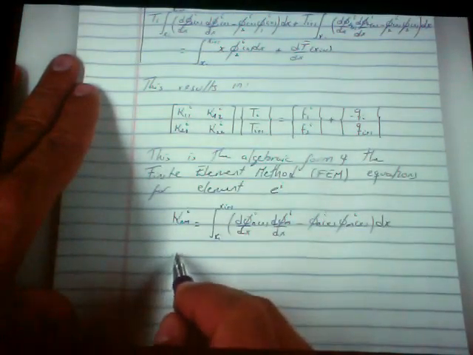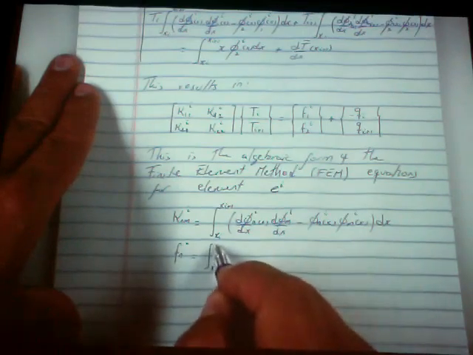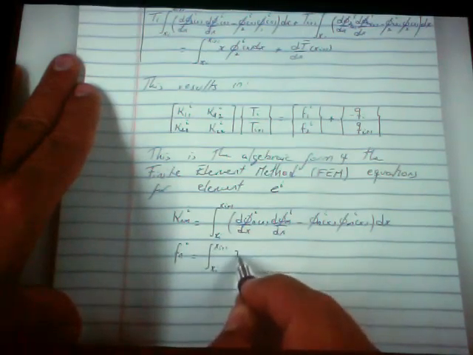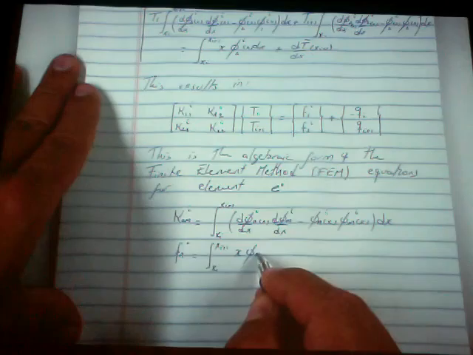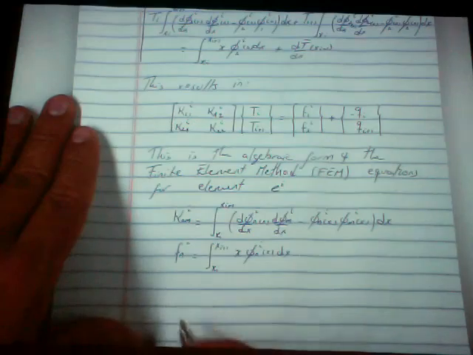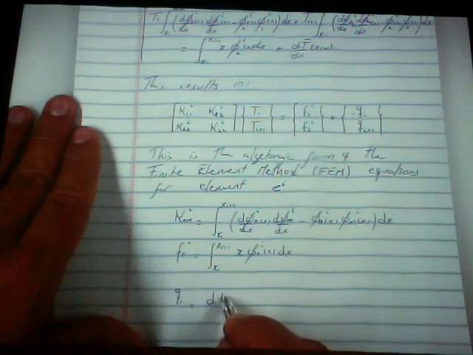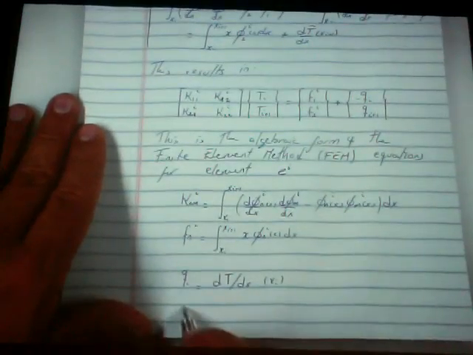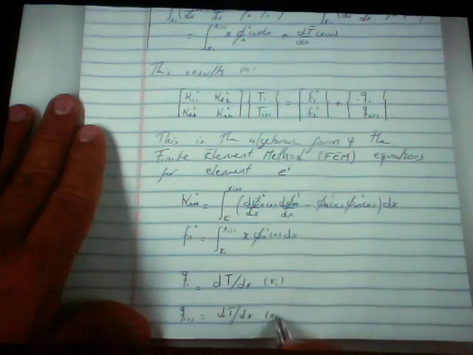Now where to write it. F_i is equal to the integral of x dx, and q_i is related to dT/dx at x_i, while q_(i+1), in this case, is dT/dx at x_(i+1).